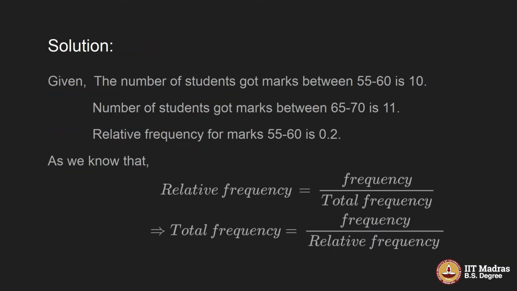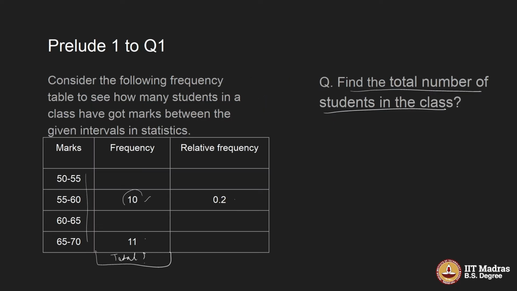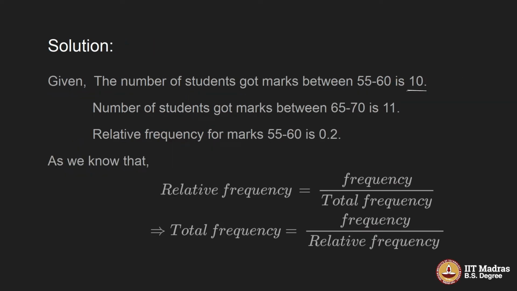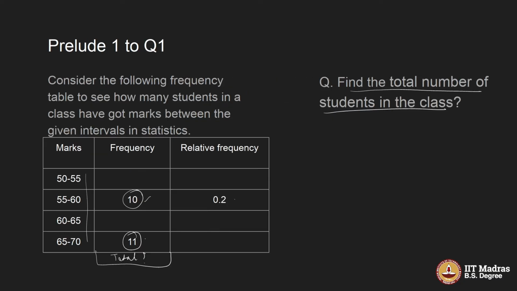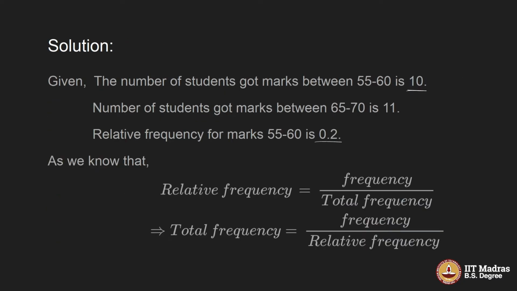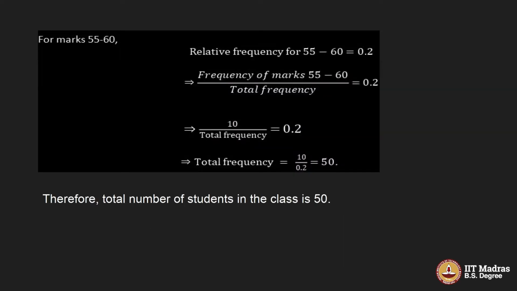So how will we calculate? We have been given the number of students between 55 to 60 is 10, right? From the table we can see it's 10, and from 65 to 70 it is 11. Now the relative frequency for marks 55 to 60 is 0.2, correct? We know that relative frequency is frequency upon total frequency. So if we cross multiply, total frequency equals frequency upon relative frequency.